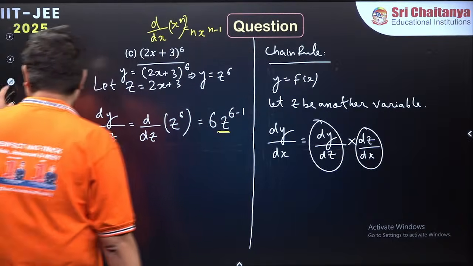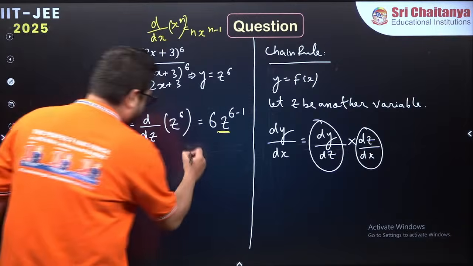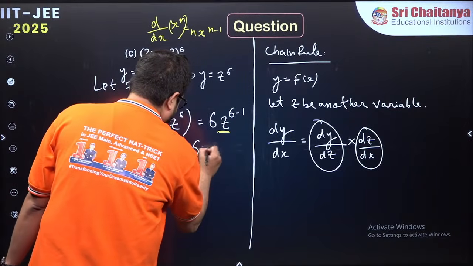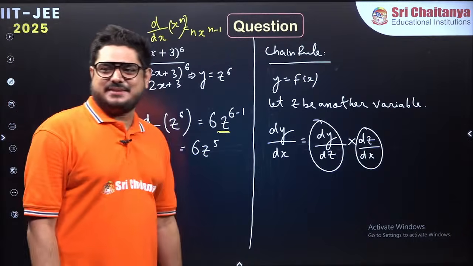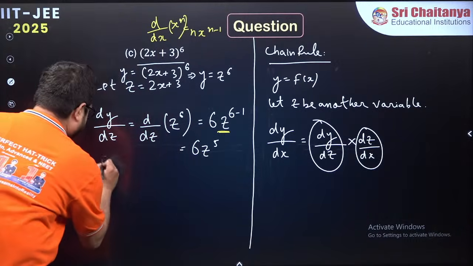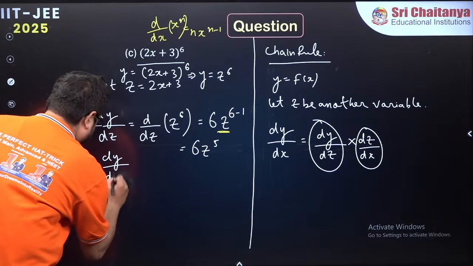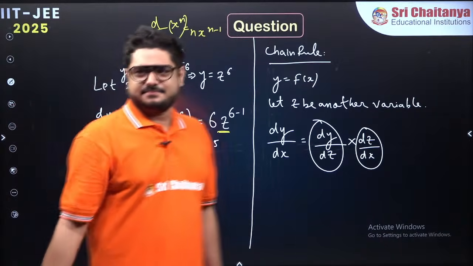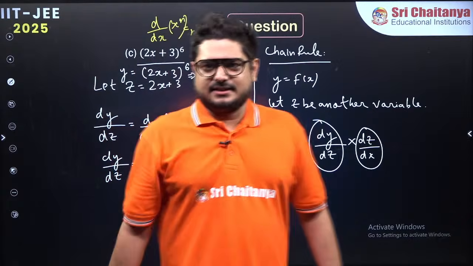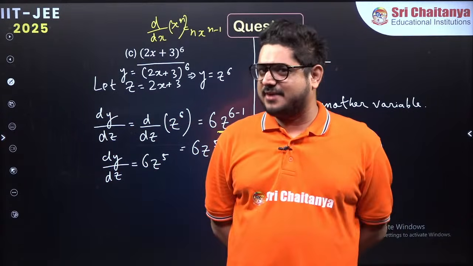Then what I will be getting? Tell me, everyone. What do you think it's going to be? 6z to the power 5. So as a result, I am getting dy by dz as 6z to the power of 5. Isn't it? It's going to be 6z to the power 5.